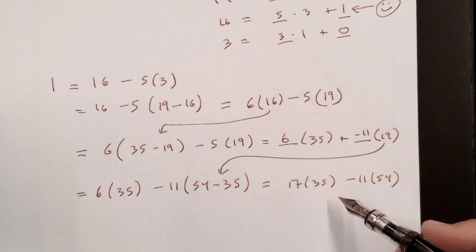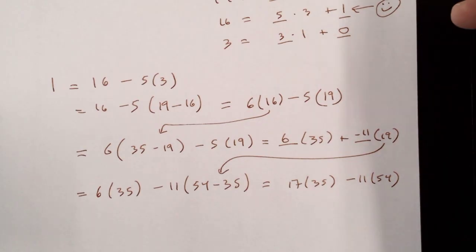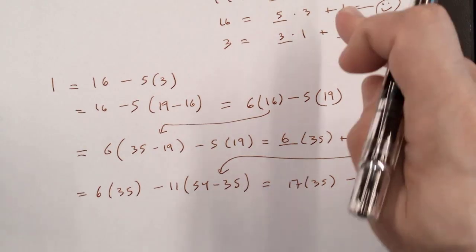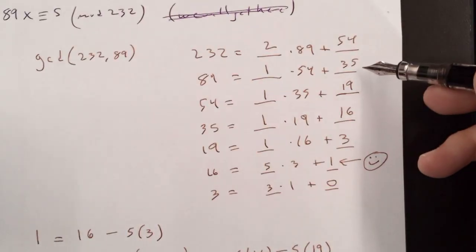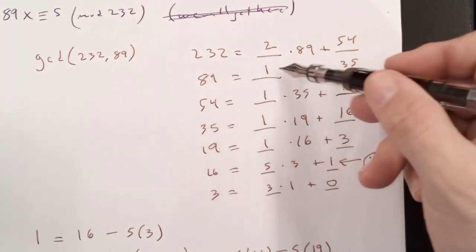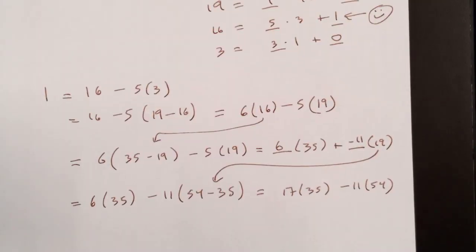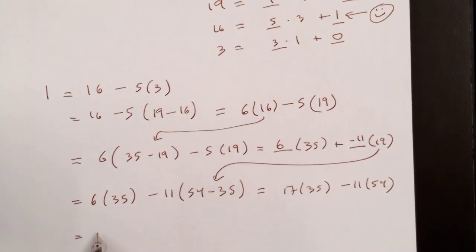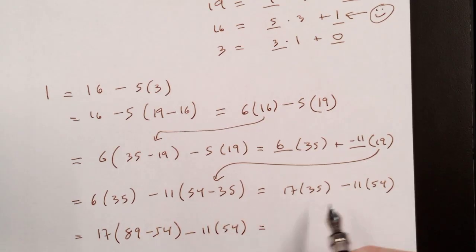35 is the remainder up here. Replace 35 by 89 minus 54. So I'm going to have 17 89s.